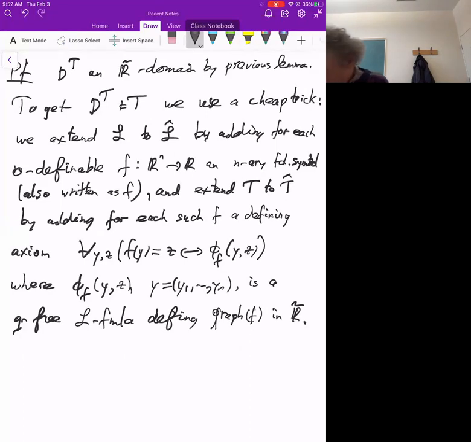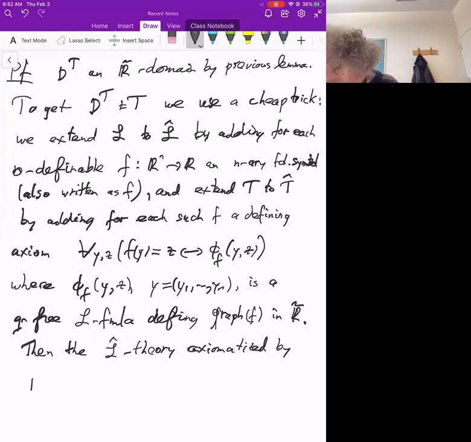Okay, then the L hat theory axiomatized by T hat is universal.